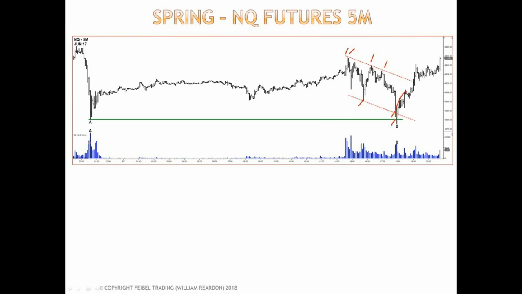Then we continue north where we test previous swing high, where we break with good surge in volume. Odds favour higher prices. Simple spring on a 5-minute chart nets 35 points or so. Very good trade.